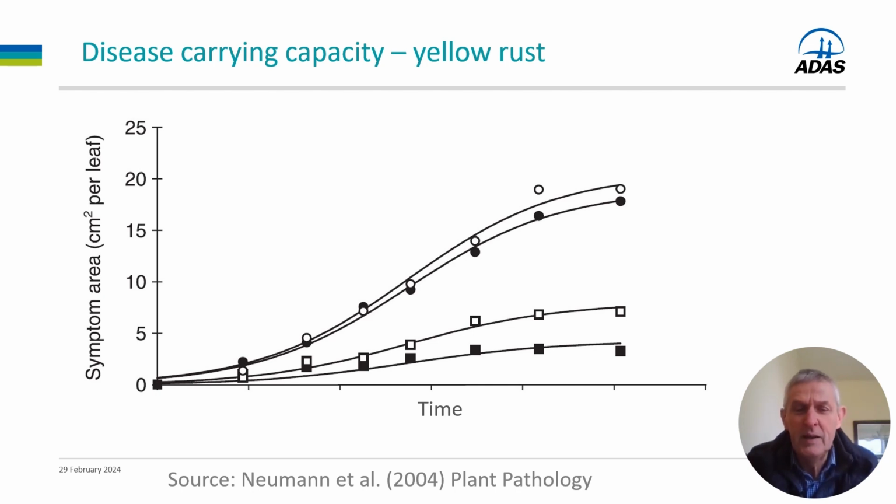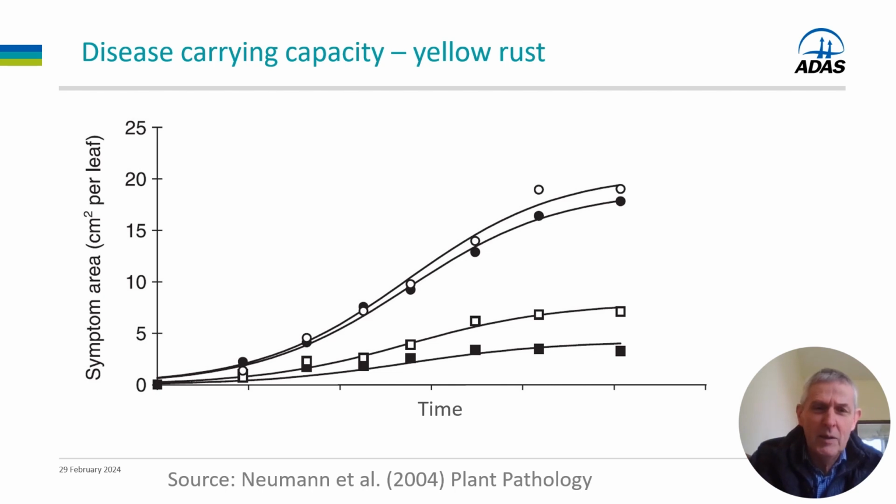And we can see in the bottom case that the epidemic is actually running out of steam and stopping, despite the fact that at the point it was stopping, there was still lots of apparently healthy green tissue for it to affect. But it had run out of carrying capacity because the yellow rust has a high demand for nitrogen to be able to continue to grow. And that's also the case for other biotrophic pathogens such as the powdery mildews.